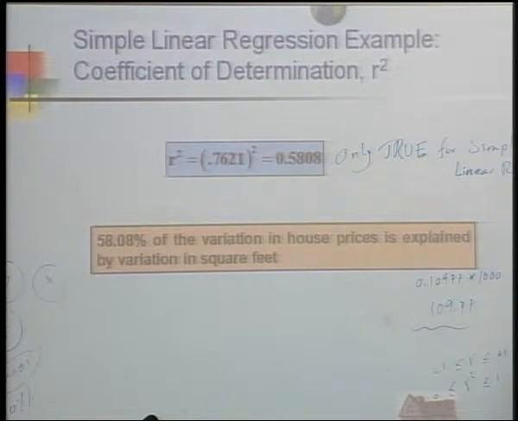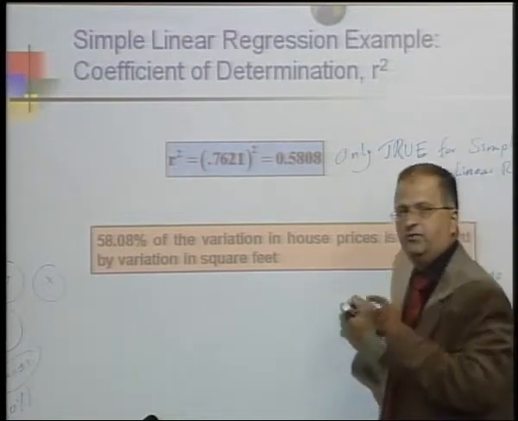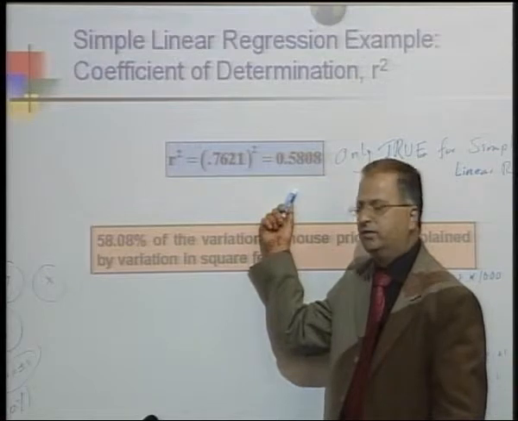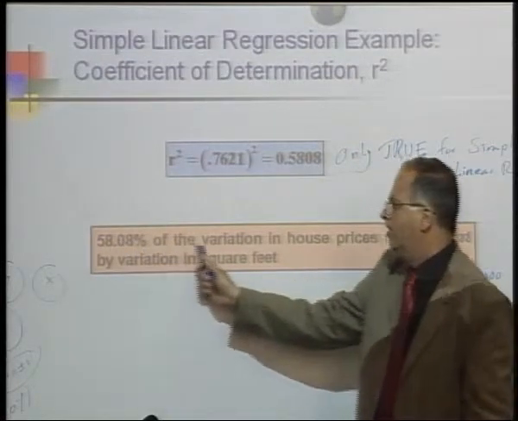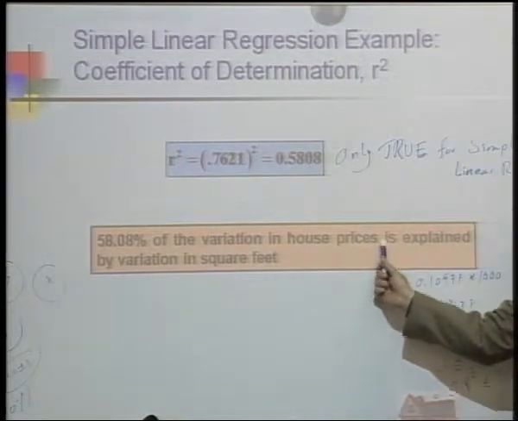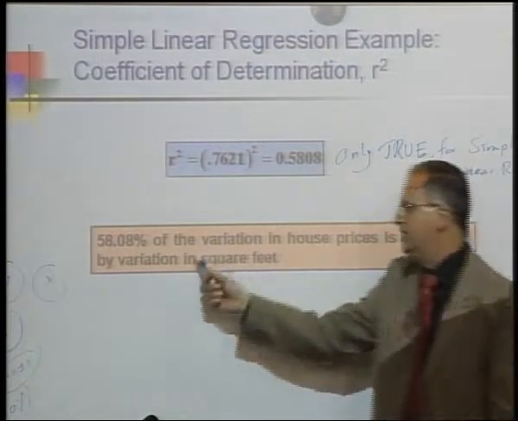Now, for the meaning of this value, first you have to multiply it by 100. So 58.08% of the variation in house prices is explained by the variation in square feet.